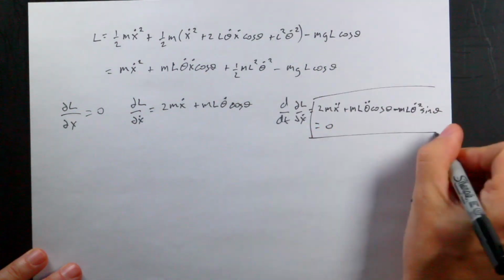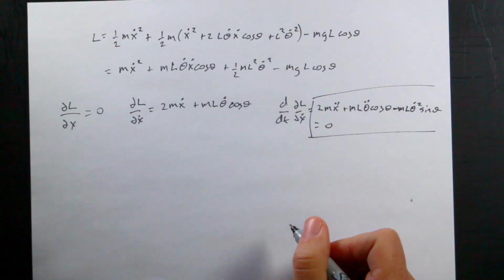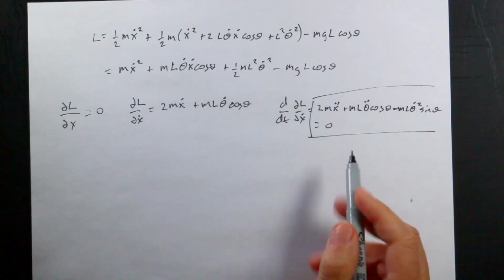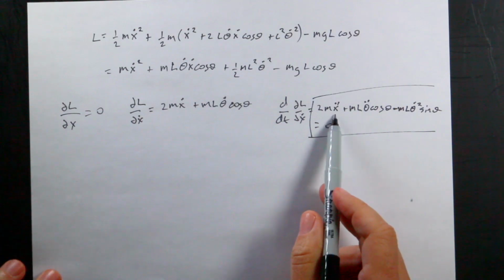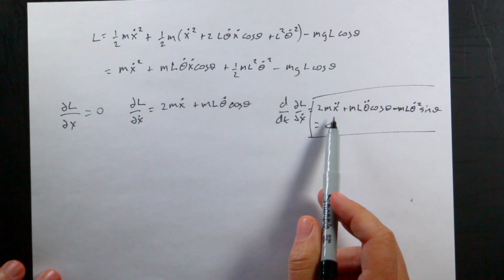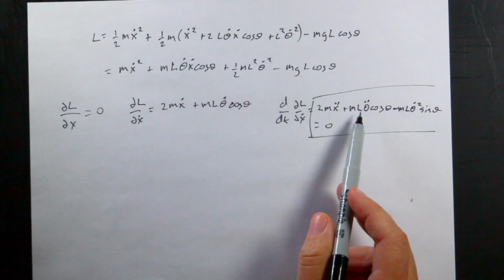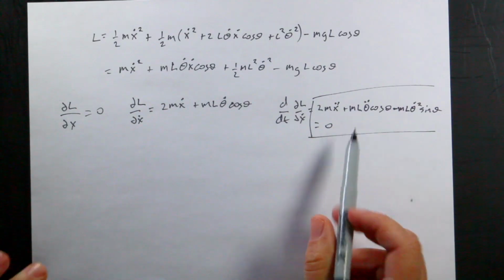So that's one of my equations. It's an important equation. And let me go ahead and let you know what I'm going to do. I need to solve this equation for x double dot. Actually now I'm thinking I got a theta double dot in there too. I think this might work. I'm just going to solve this for x double dot.